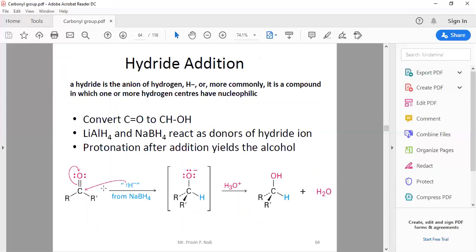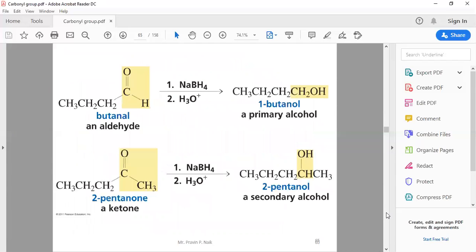So hydride is acting as a nucleophile, and this carbonyl carbon is the electrophile. The nucleophile attacks the carbonyl carbon, the alkoxide is formed, and this is protonated to give you the alcohol. So here you have the substituted aldehyde, it gives you primary alcohol, and if it is ketone, it gives secondary alcohol.